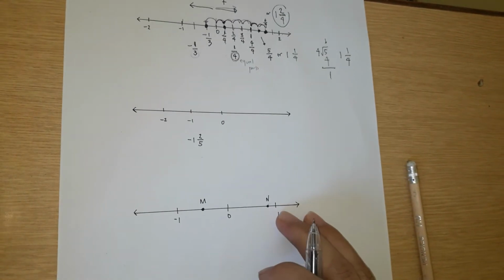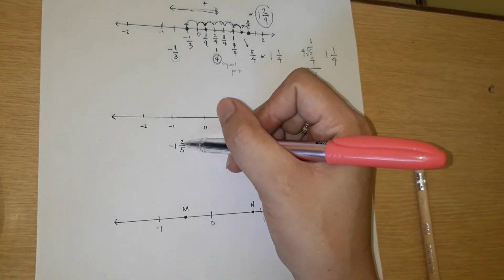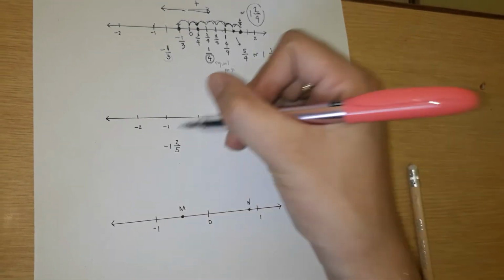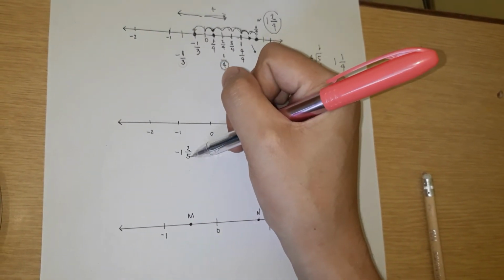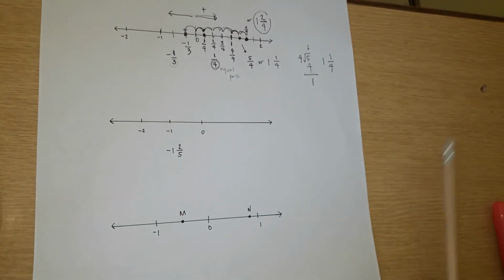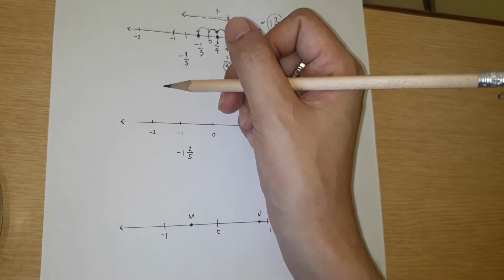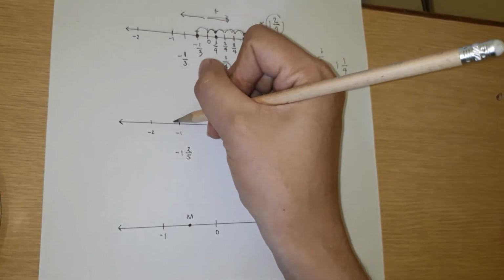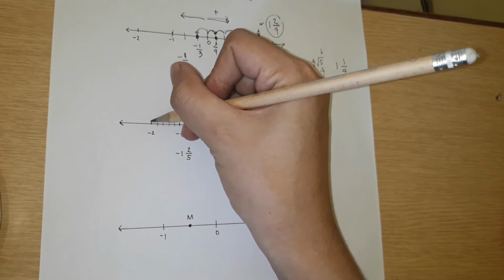Next, we'll have -1 and 2/5. Because there is -1, ibig sabihin you'll start with -1. When you divide it into how many equal parts? Yes, it's 5. So from -1 to -2, i-divide mo by 5 equal parts. So 1, 2, 3, 4, 5.